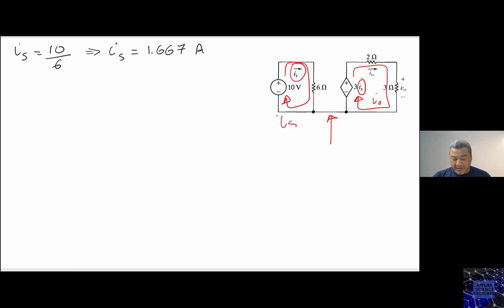Now, if I break this circuit, look what's going to happen. If I break this circuit here, IS is going to be, you just said it, 0. Now, if IS is 0, what's going to happen to I naught?